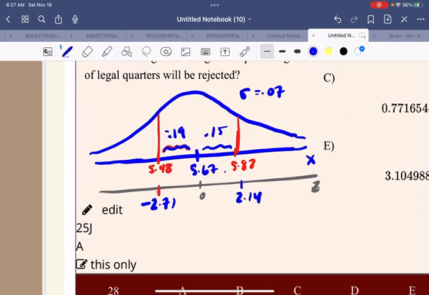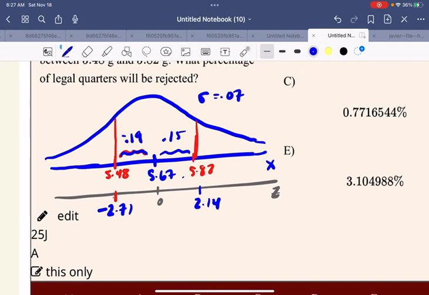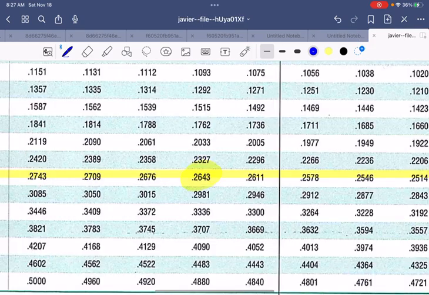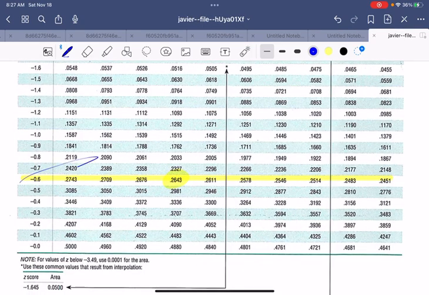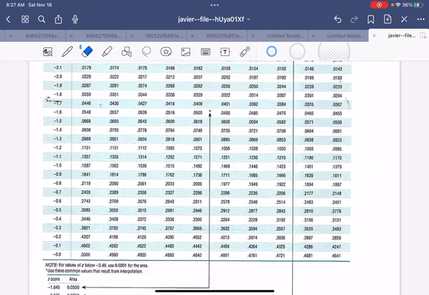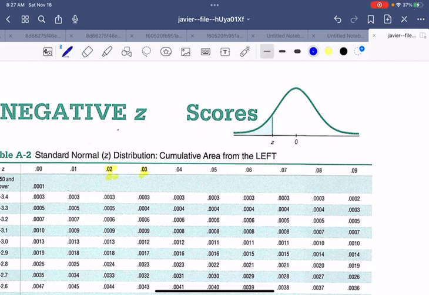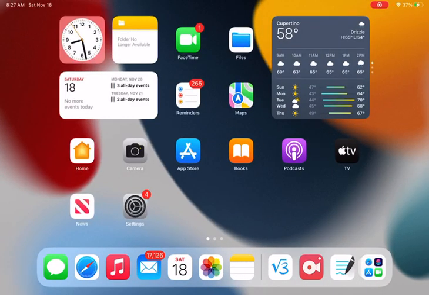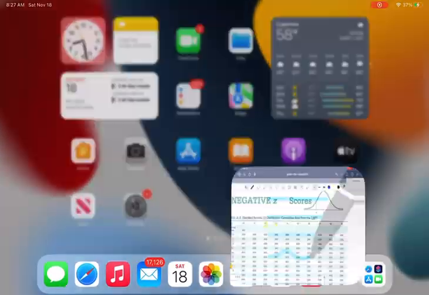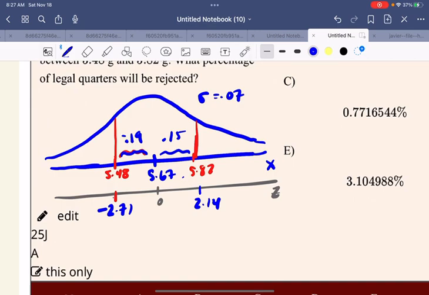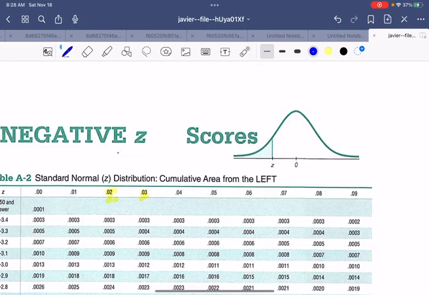Now, what's the point of converting to z-scores? The point is that we have this beautiful table that tells us any kind of area that you want given these z-score values. The way it's set up, you've got one for the left side, so I'm going to figure out how much area is to the left of that negative number, which was 2.71.